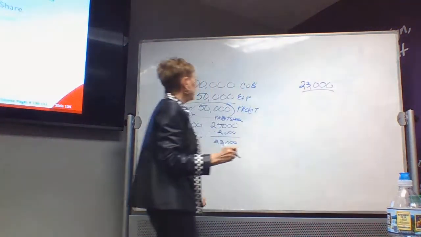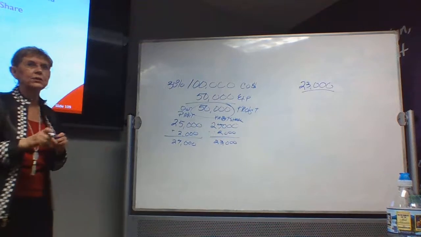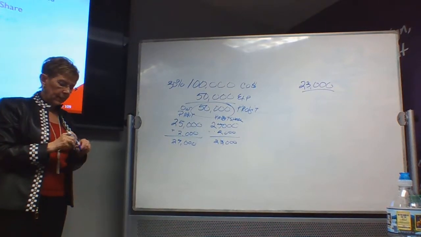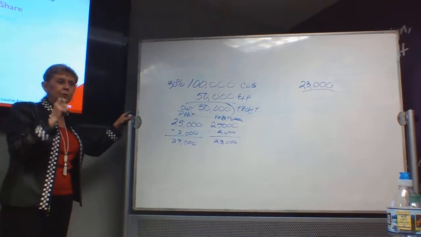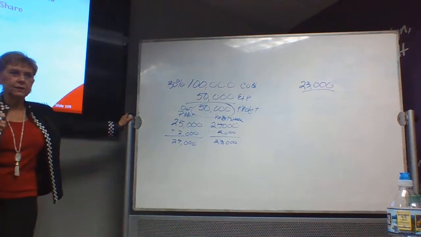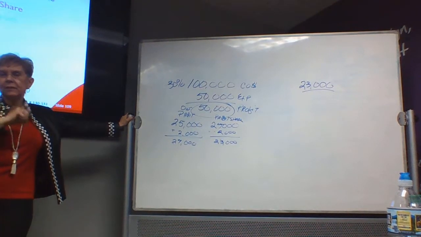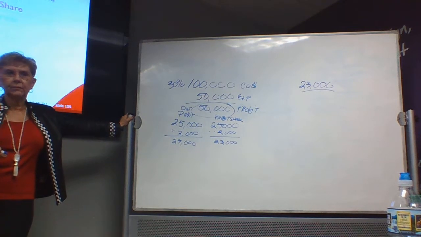Okay, now here's what I want you to understand, and this is what the agents need to really understand. When our people help our people become more productive, what happens to the company dollar? It increases. Right.